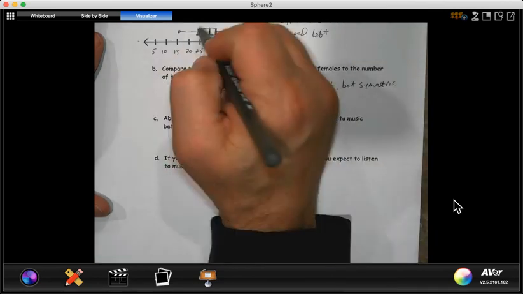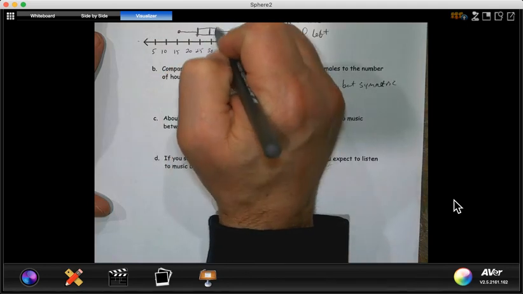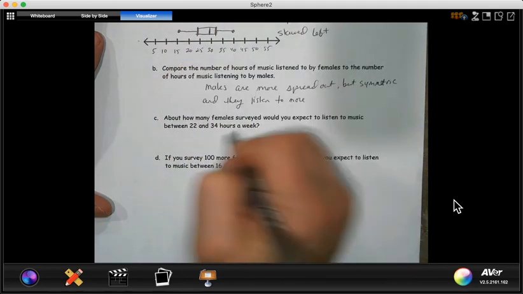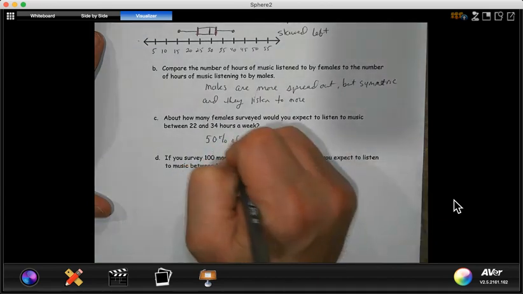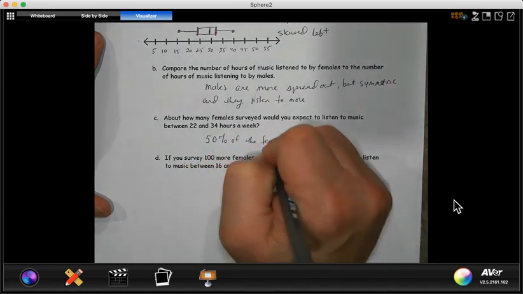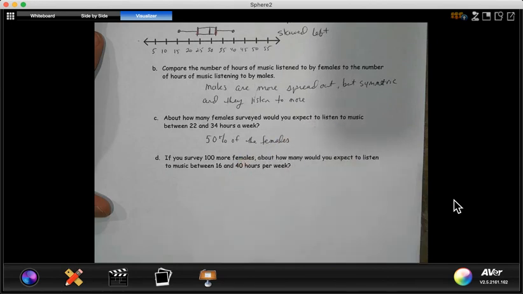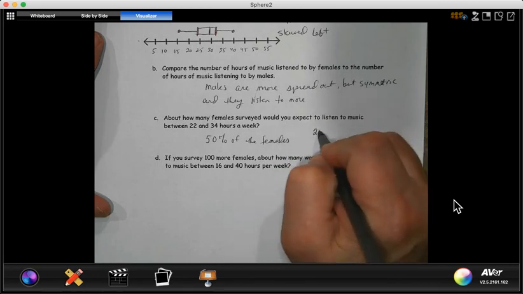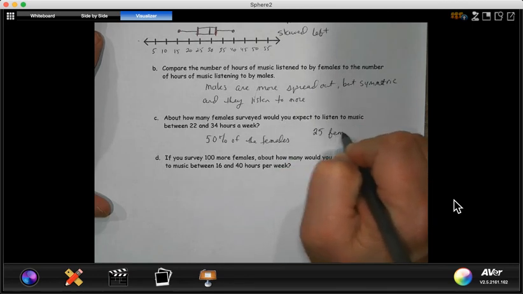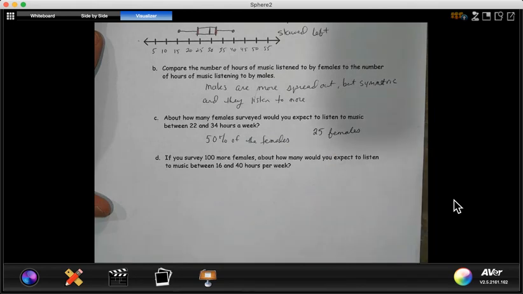You see that? From Q1 to Q3. So 50% of the females. That's what a box and whiskers plot does. We're not guessing. We know that. So how many females took the survey? So 50% of 50 would be 25 females. Awesome.